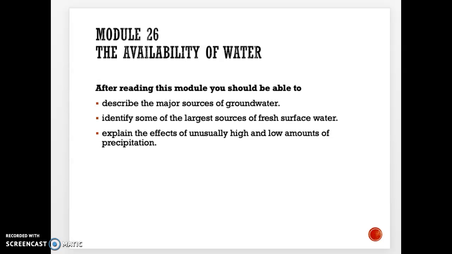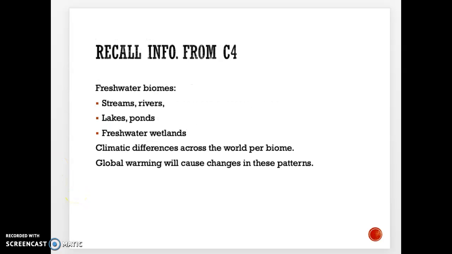low amounts of precipitation. You might recall from Chapter 4 that freshwater biomes, because that would be drinkable water, includes streams, rivers, lakes and ponds, and freshwater wetlands.